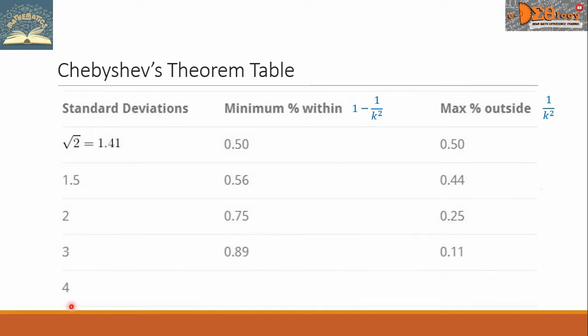When standard deviation is 4, the maximum percent outside is 0.06, while the minimum percent within is 0.94.